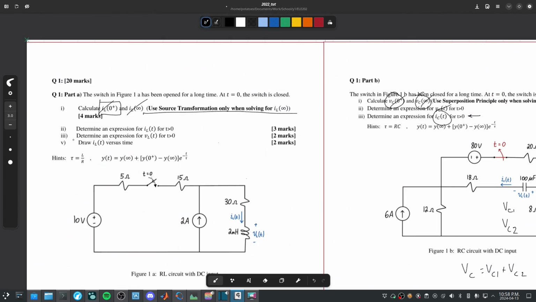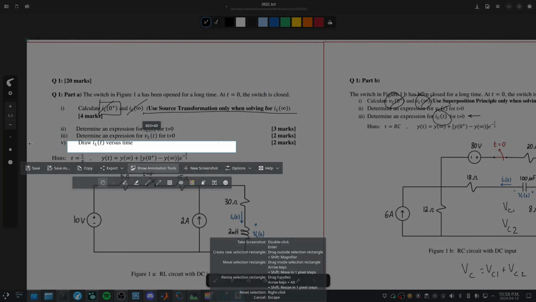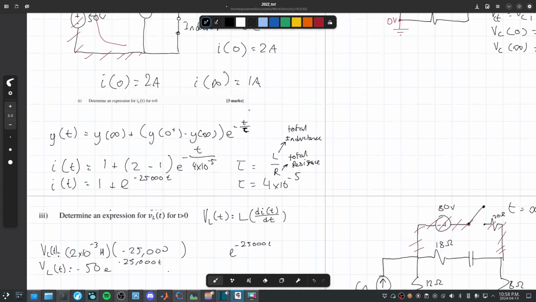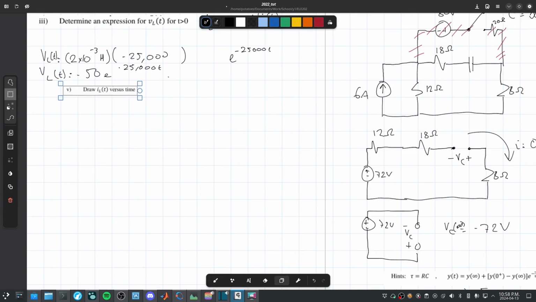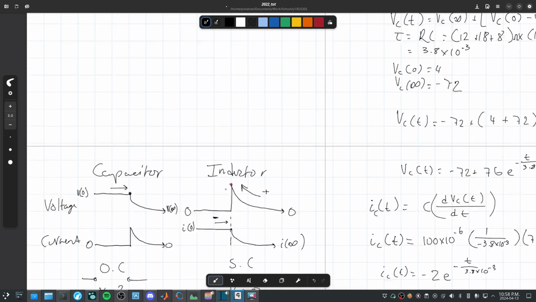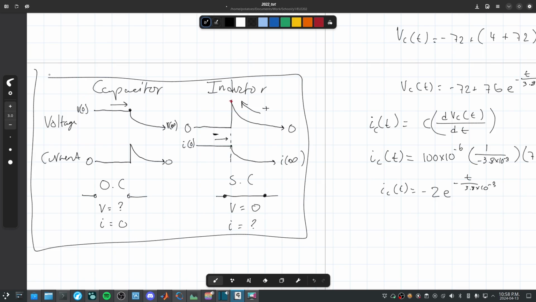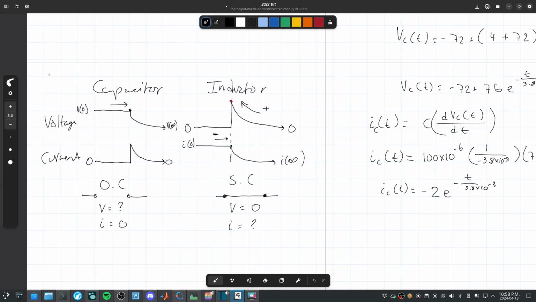So next part, draw IL versus time. Let's copy that and bring that down here. I don't know if I have drawn this already by the time you're watching this, but this is the sort of cheat sheet for capacitors and inductors, right? Recall that inductors, while they're stable, act as a short circuit, with no voltage difference across.